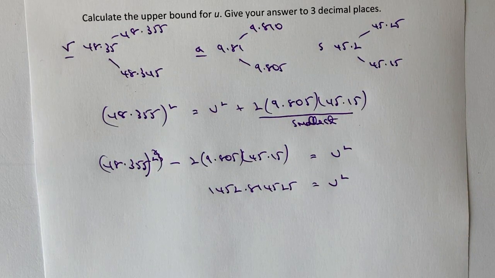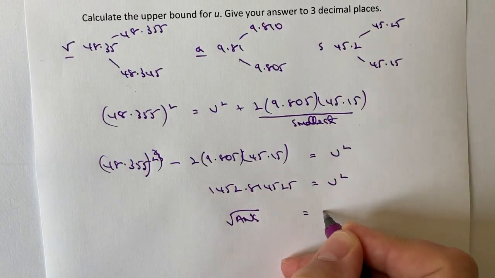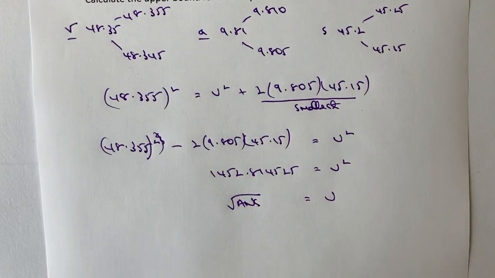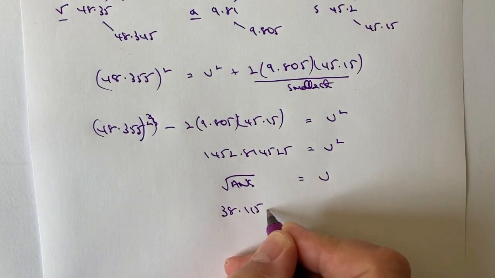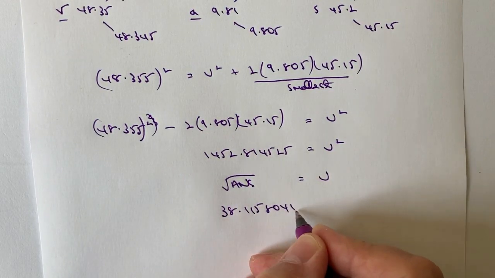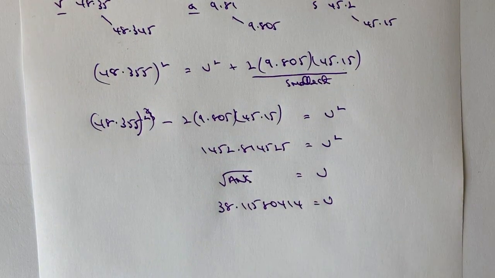When you then use the calculator again to get the square root of that, if you key it in as the root of the answer, that would give you the value of u, which in this particular case is 38.1158014. Now you'll notice back in the question it says give your answer correct to 3 decimal places.